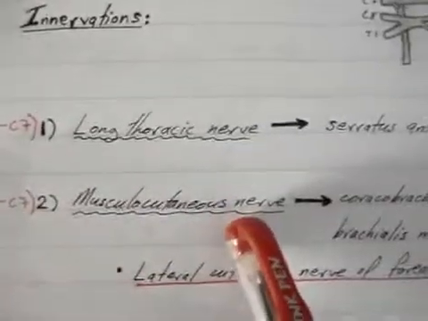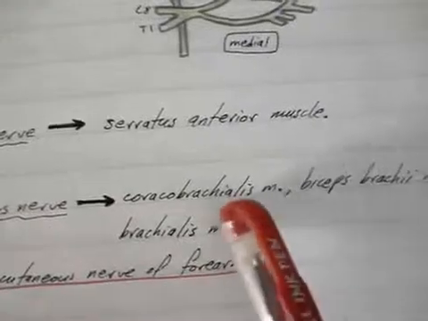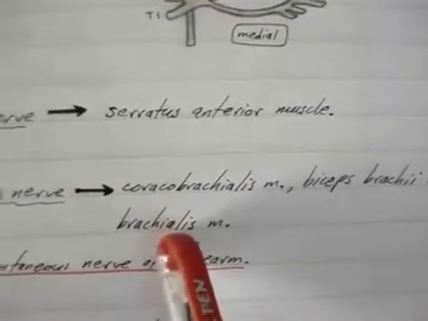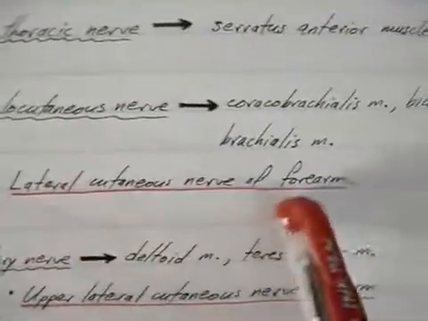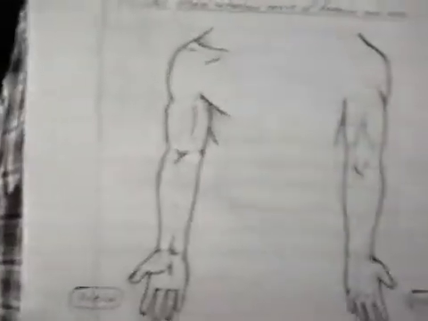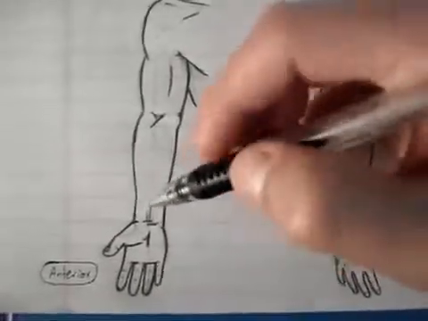The musculocutaneous nerve innervates the coracobrachialis, biceps brachii, and the brachialis muscles. It also has a cutaneous branch called the lateral cutaneous nerve of forearm. The lateral cutaneous nerve of forearm is shown here, is this part here.